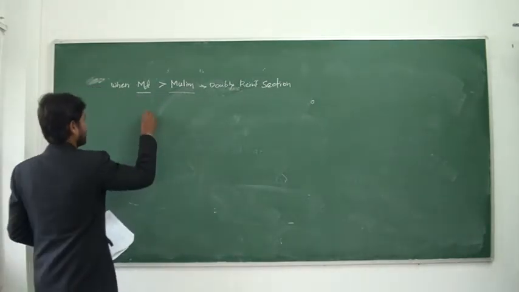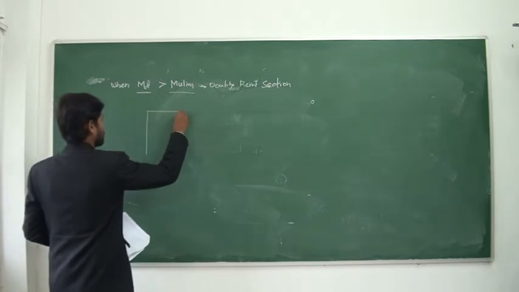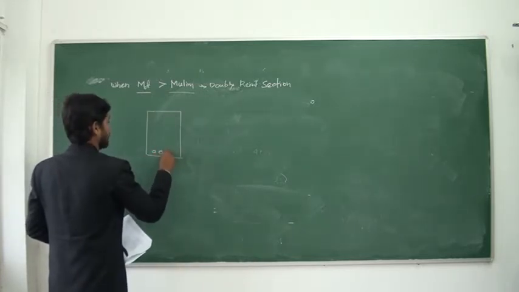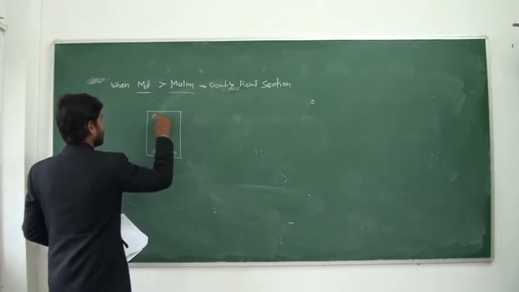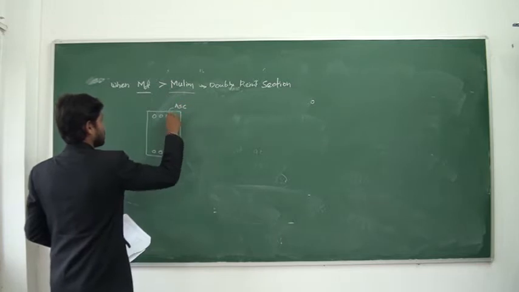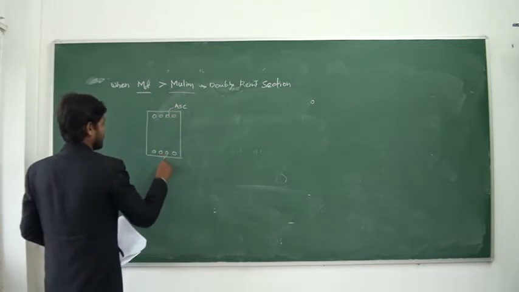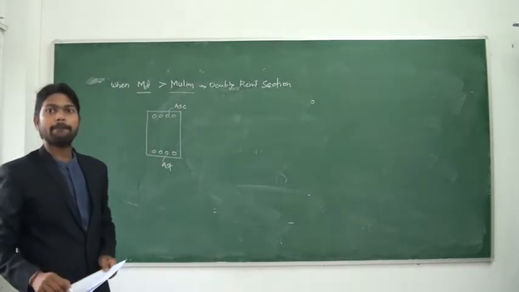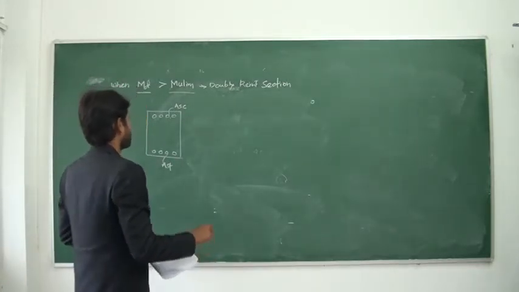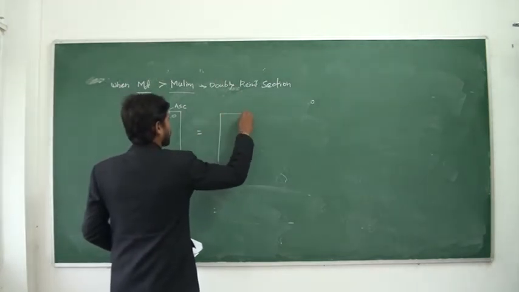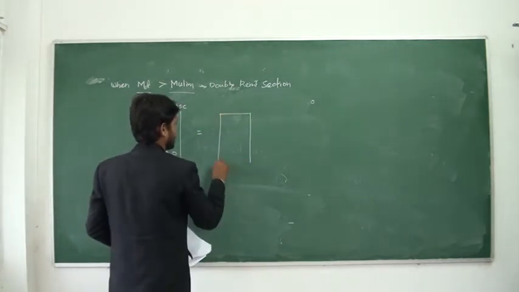Now see, as I have told you, in a doubly reinforced section, the reinforcement is provided on both sides. Means on the compression side also, and this is the tension side. So this doubly reinforced section will be divided into two types for the analysis, just for the sake of analysis.